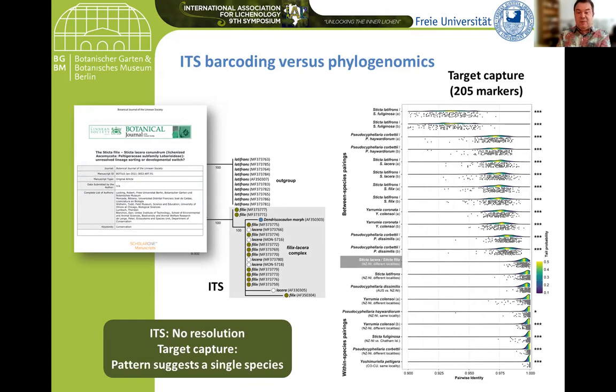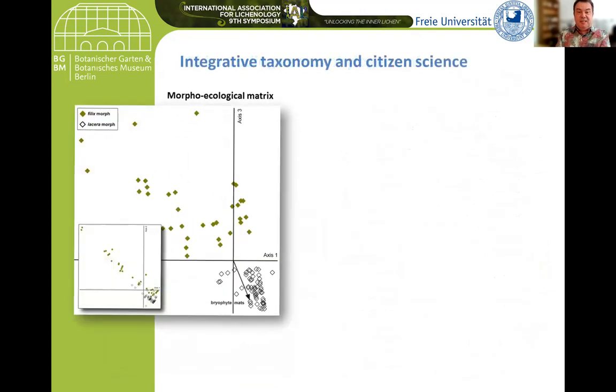So we tried to explain why, if this is a single species, there are two discrete morphologies. One idea was that it might be an association with bryophyte mats. If, for example, the propagules germinate within bryophytes, the thallus creeps along the substrate within the bryophytes and forms short branches, and if not, it becomes erect and forms a longer, distinctive thallus that is more or less perpendicular to the substrate.